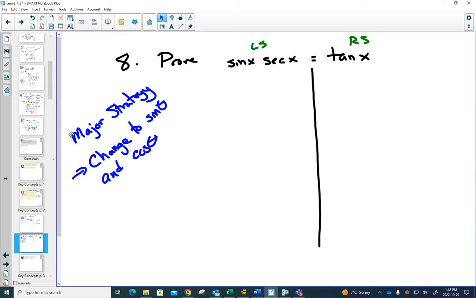So for example, sine is already sine. Don't even have to change it. Is there something I can change secant to make it either sine or cos? Yes. I could change secant to 1 over cos.